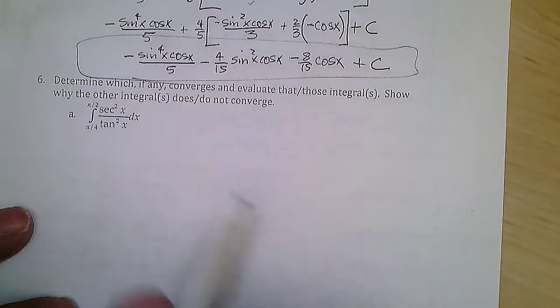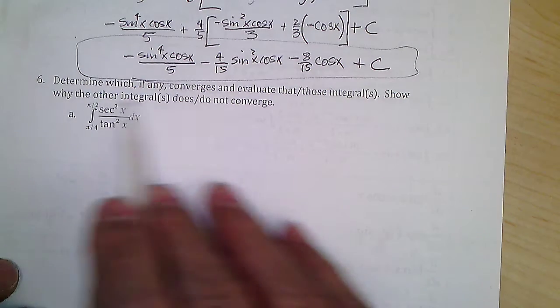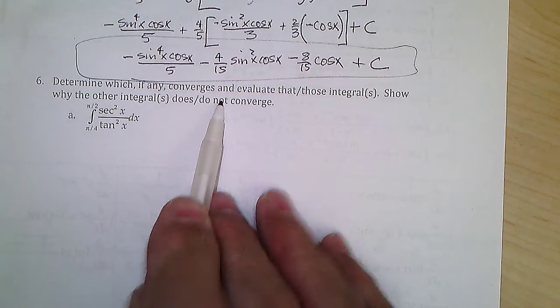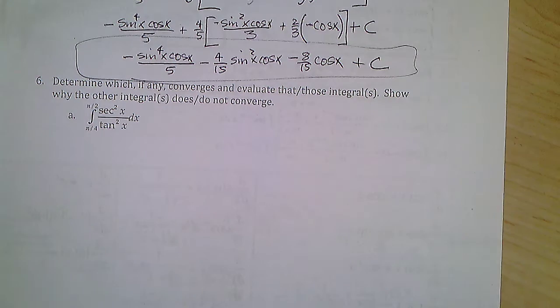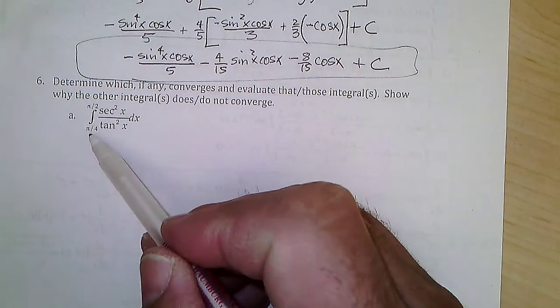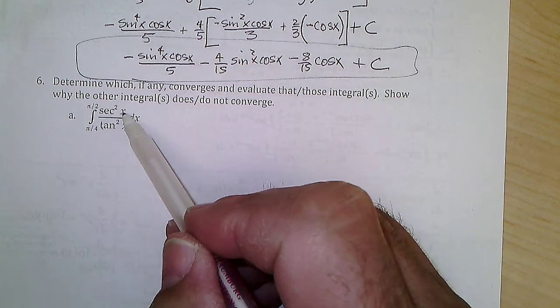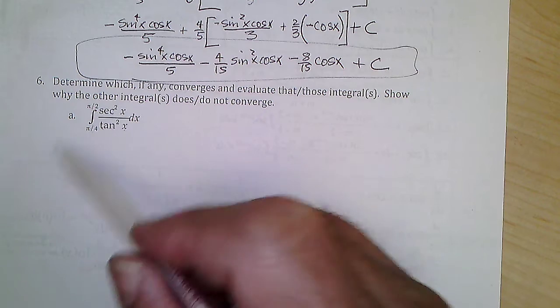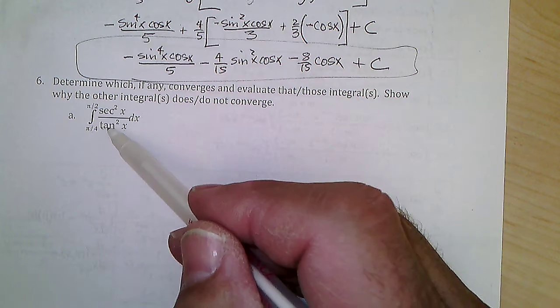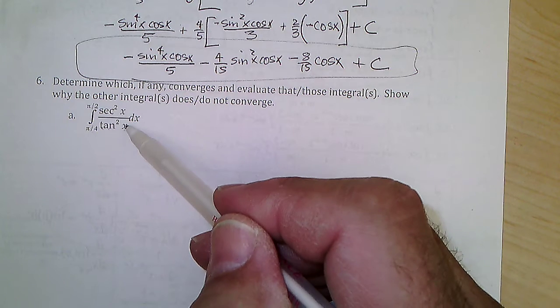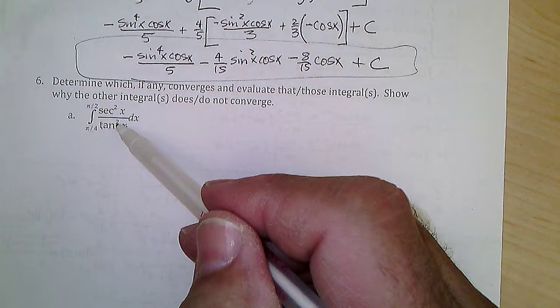The first thing on these is there's a point, one of the limits, that's a concern. The tangent of pi over 4 is 1, so that's not a problem, and secant of pi over 4 is doable. Pi over 2, tangent of pi over 2 is undefined. It goes to infinity.